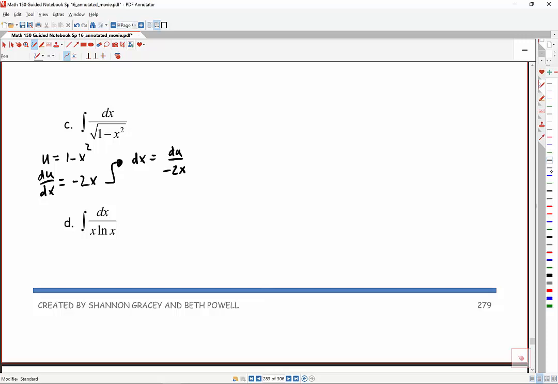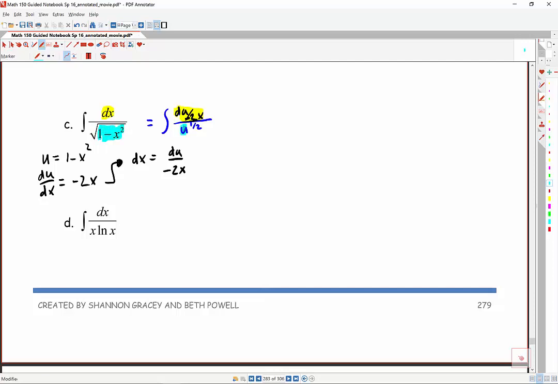This would give me the integral of, dx was du over negative 2x, over u to the 1/2, right? So basically you'd have this going on, right? dx was all this, our u was this.